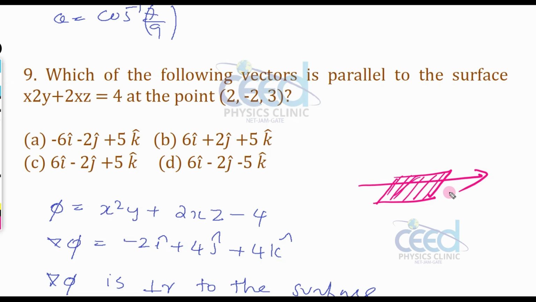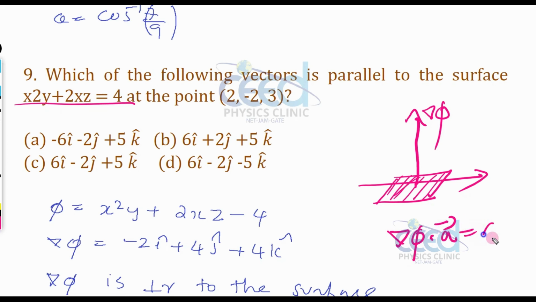Now the surface equation is given, that is very important. So what is the direction of its gradient? That is del phi, right? If a vector is parallel to this surface, then del phi dot that particular vector should be equal to 0, because the gradient is perpendicular.